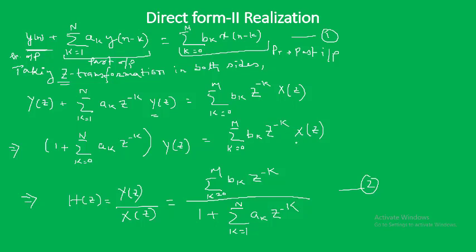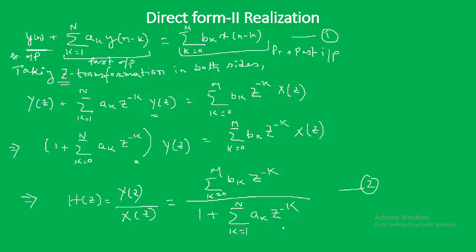From here we can easily find the transfer function H of z as y of z by x of z, which is summation over k equal to 0 to m b k z to the power minus k divided by 1 plus summation k equal to 1 to n a k z to the power minus k.